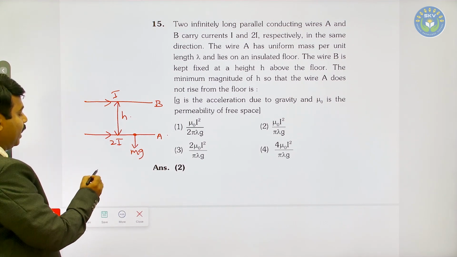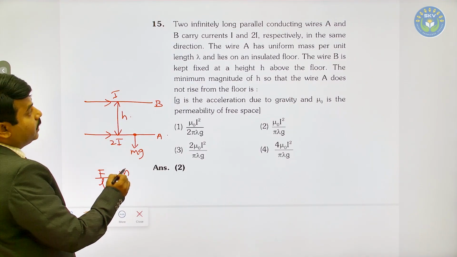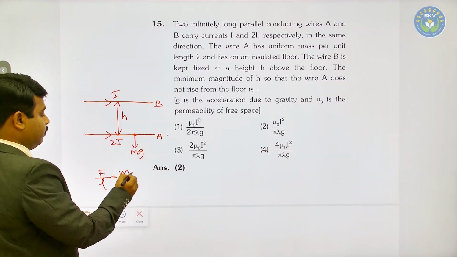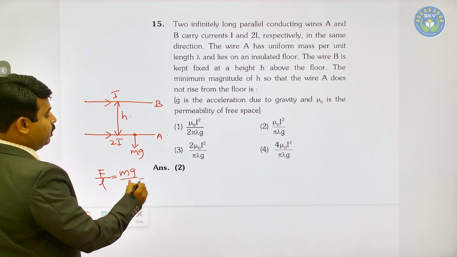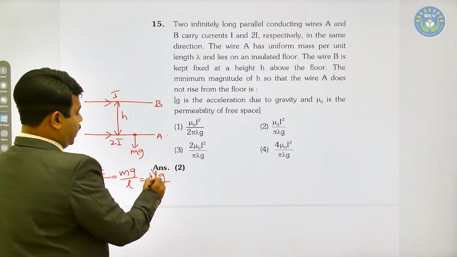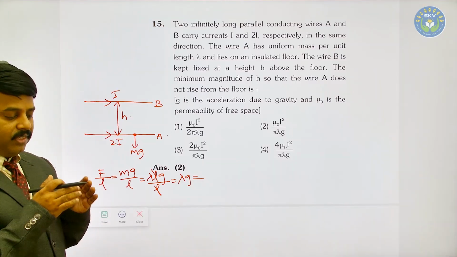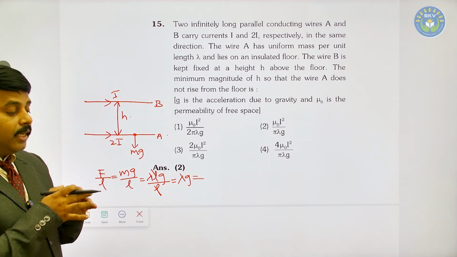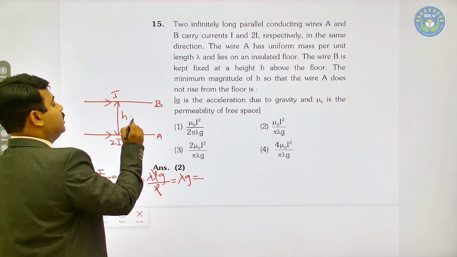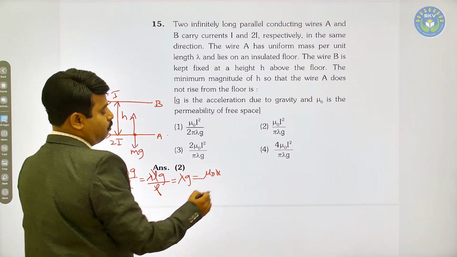What is the force per length we studied? Its mass density is given, then mg by L, that is lambda L g divided by L. L cancels, lambda g. This gravitational force per length should match the force attracted towards this wire. What is the force between parallel conductors?